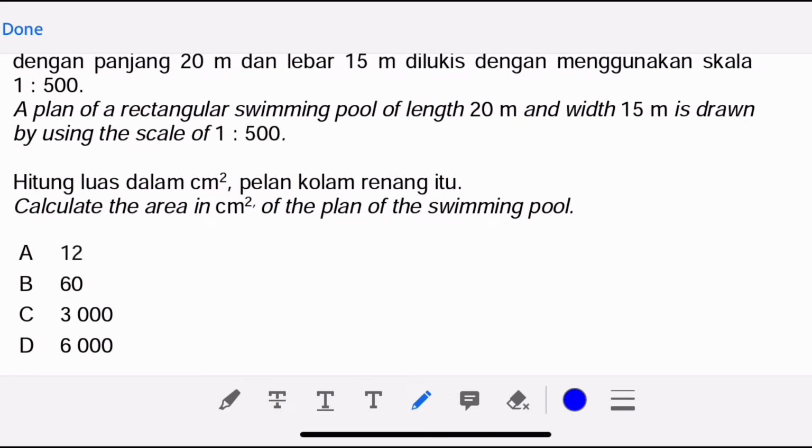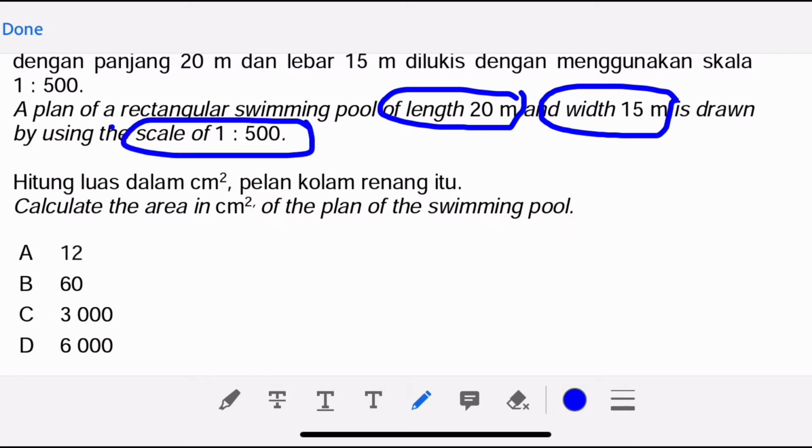A plan of a rectangular swimming pool with a length of 20 meters and a width of 15 meters is drawn using the scale 1:500. Calculate the area in centimeter square of the plan of the swimming pool. For this question, it is about scale drawing.